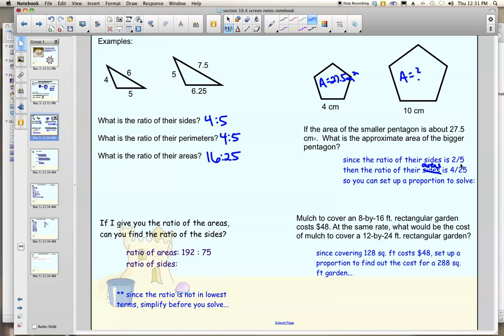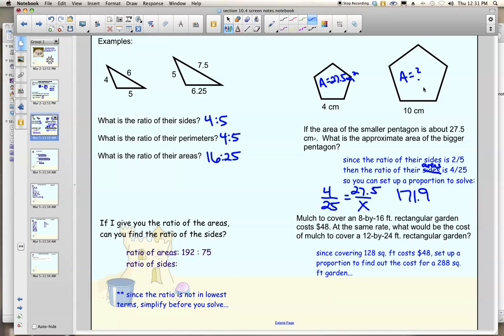We can use the ratio now to find the missing value. We know the ratio of their areas has to be 4 to 25, and we know that the area of the smaller one is 27.5. So we can use that to find the area of the larger one. We simply cross multiply and divide now. So we take 27.5 times 25, and then we divide that by 4, and we would get 171, basically 0.9 when we round.